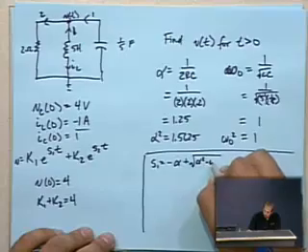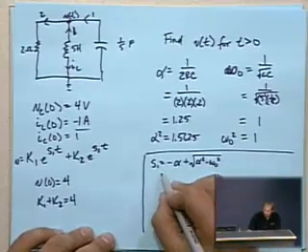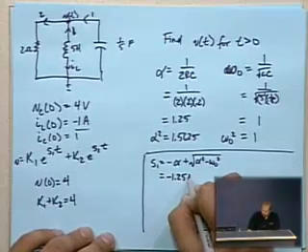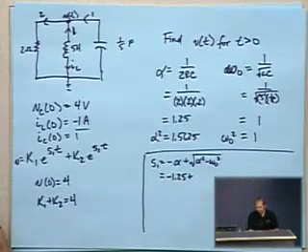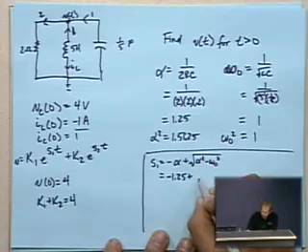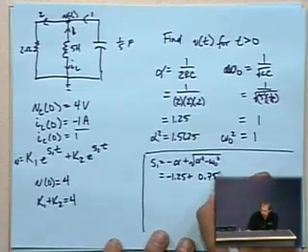So that's negative 1.25 plus, let's see, alpha squared is 1.5625 minus 1, and the square root there is 0.75.